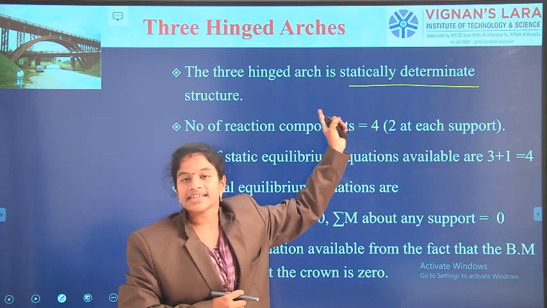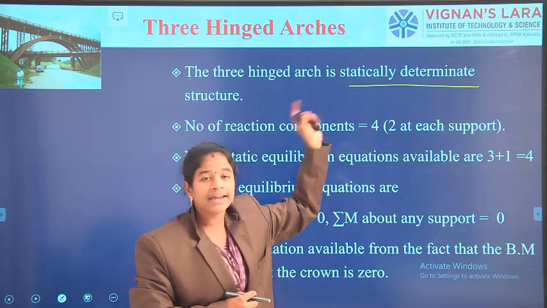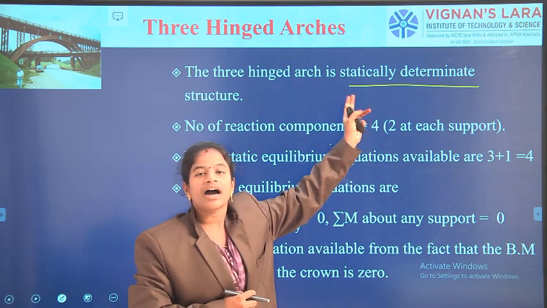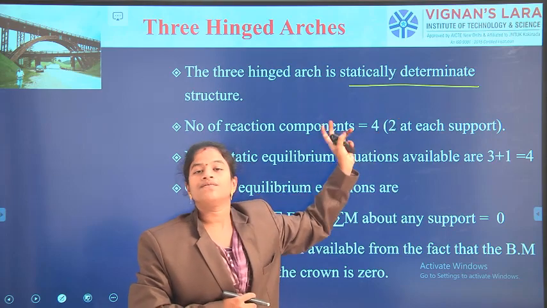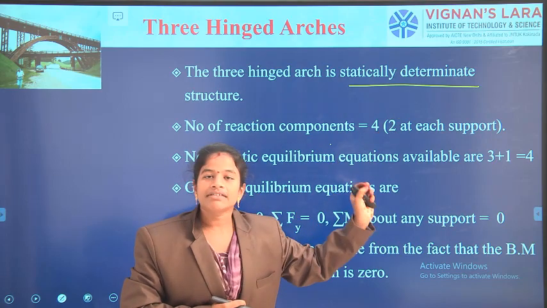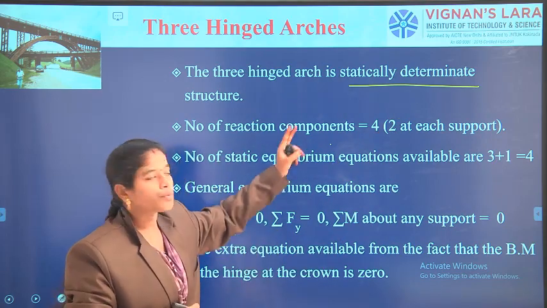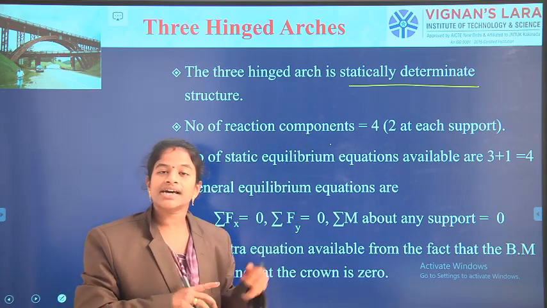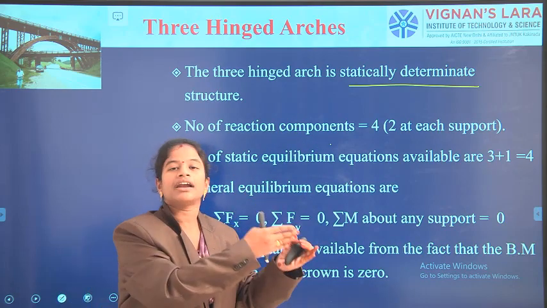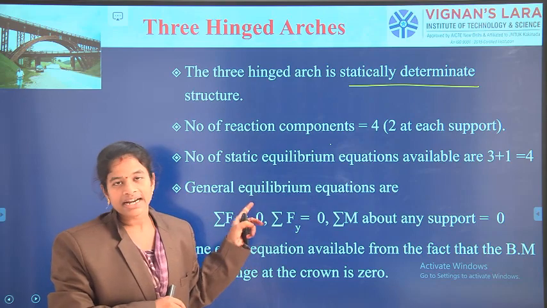Statically determinate means only the support reactions are determined with the available equilibrium equations. How many equilibrium equations are available and how many unknowns are there? That is our next target.